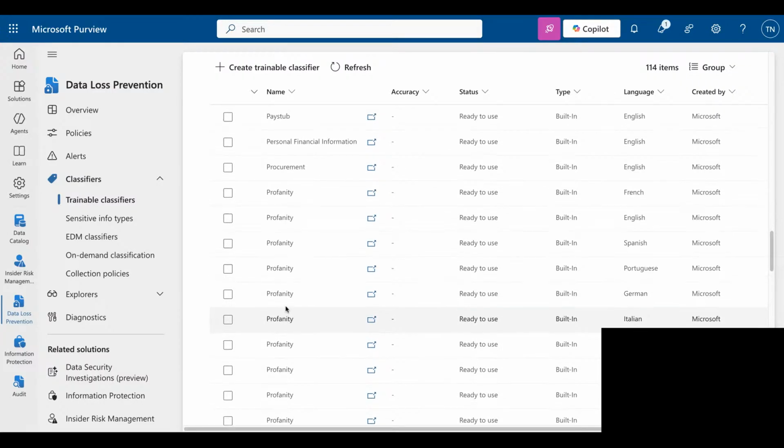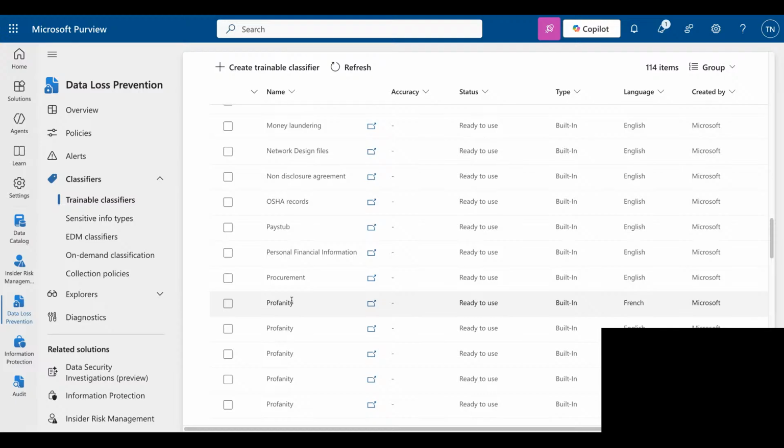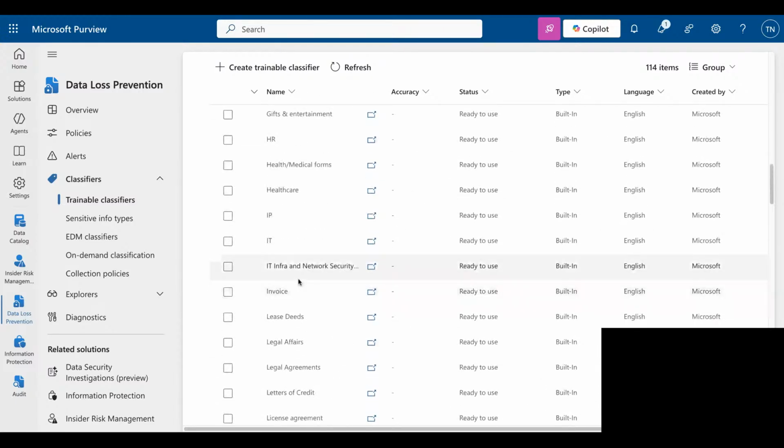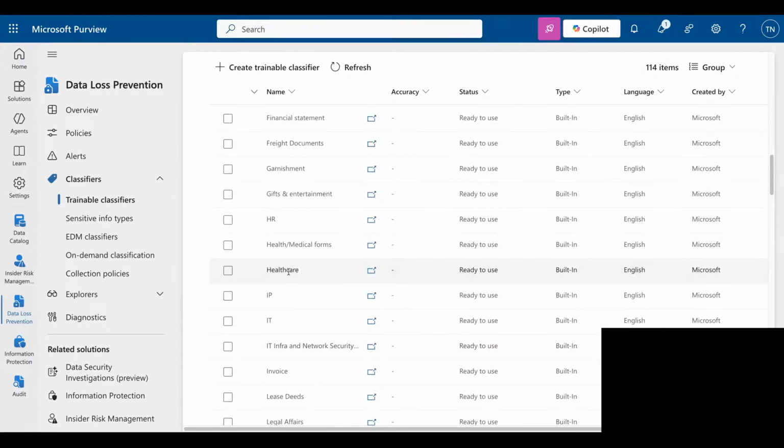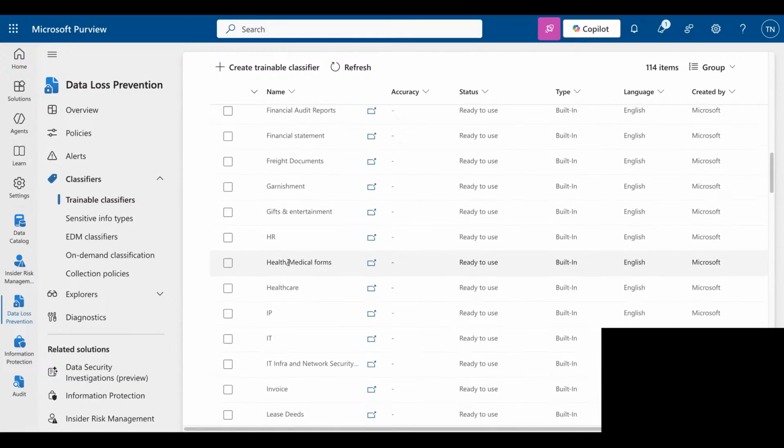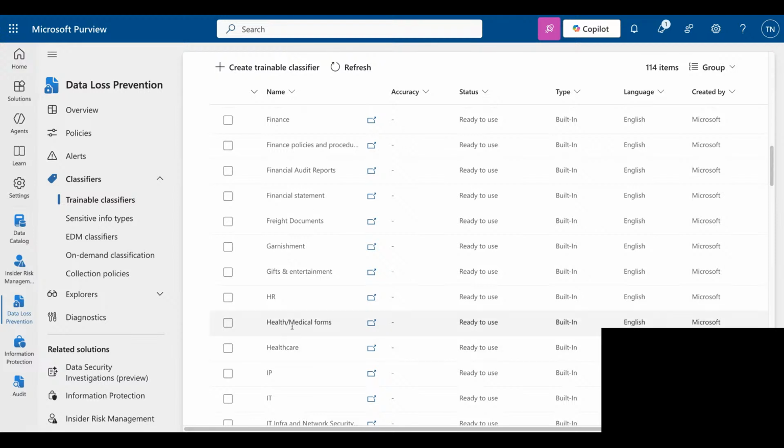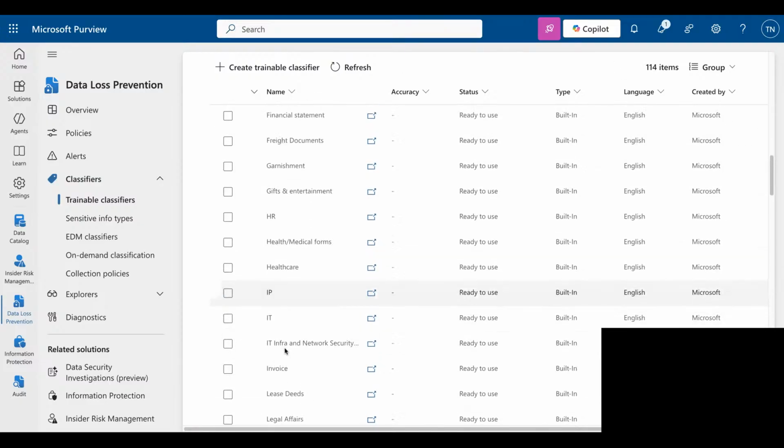So you can use it for different things. If you want to monitor healthcare information or medical files, and you are a security administrator in a hospital, you'll probably use things like this.